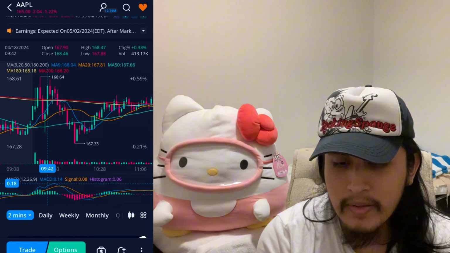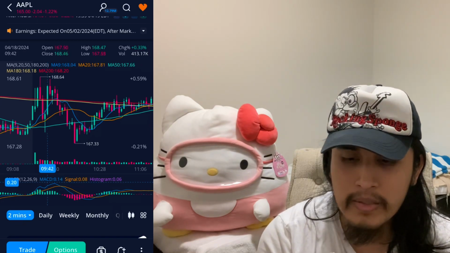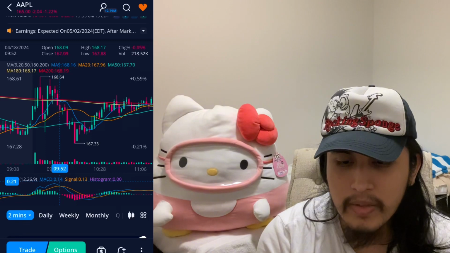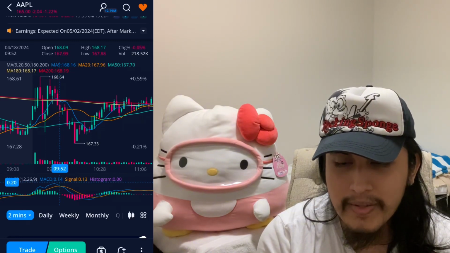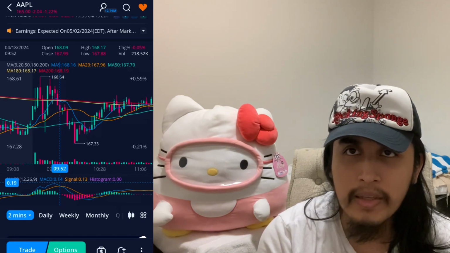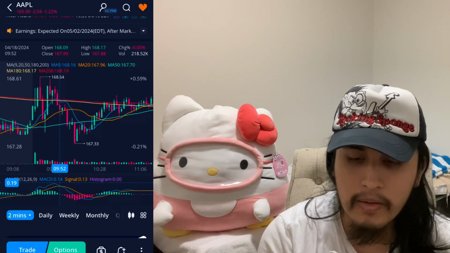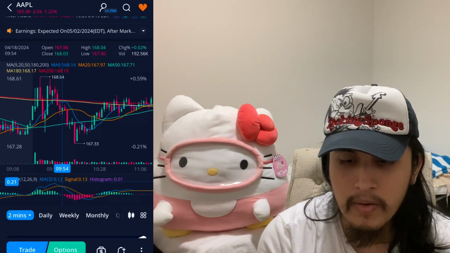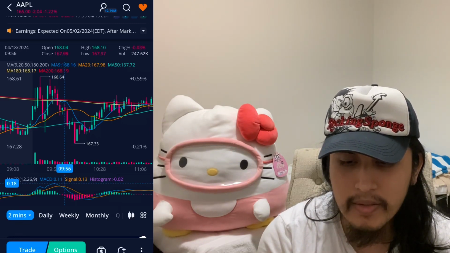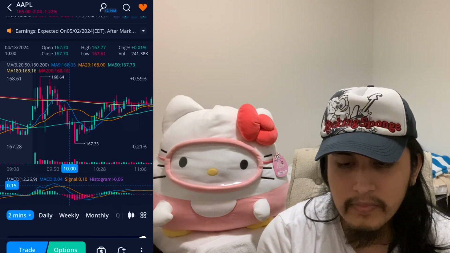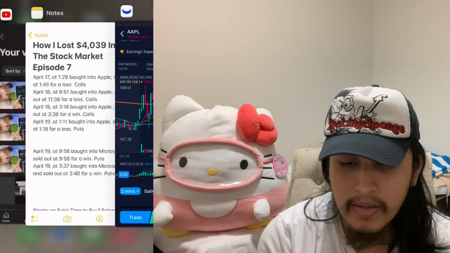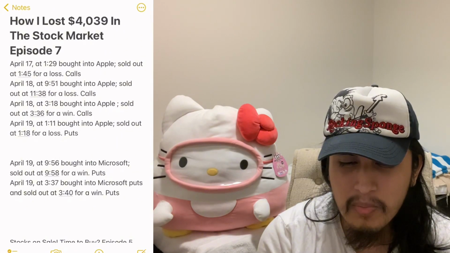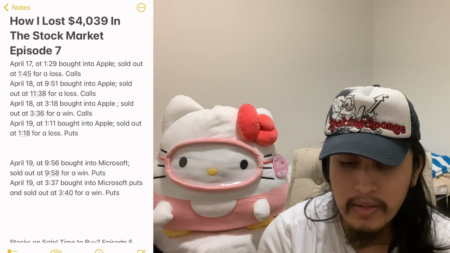My thought was, if I get into this candle right here, the next candle is not going to go parabolic, but it's going to go up at a steady rate. And I was wrong. It just started declining, and I was impatient.